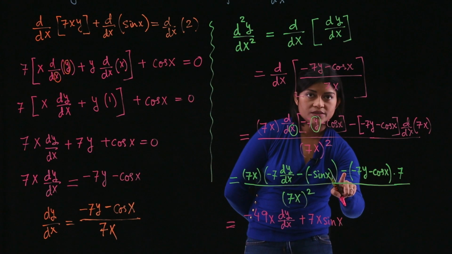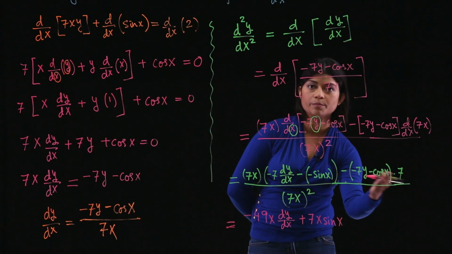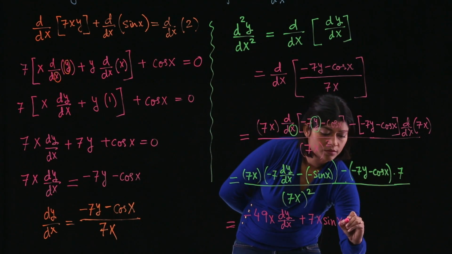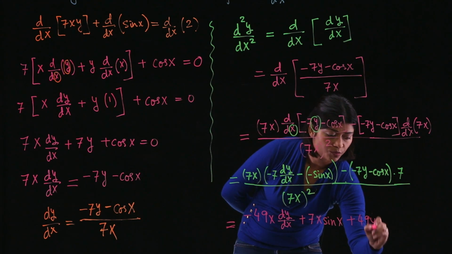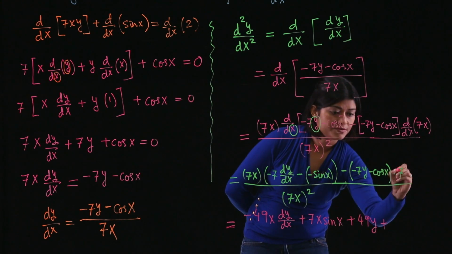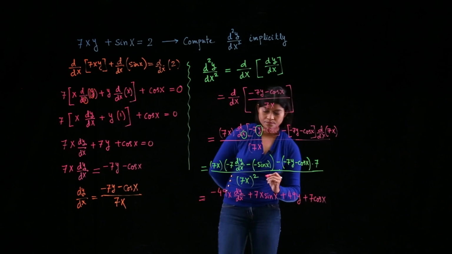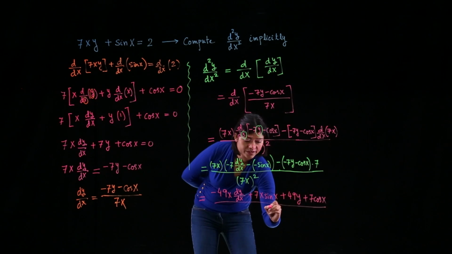Here, you can distribute this negative through, and since both terms are negative, they will all become positive, times 7. So you get positive 7 times 7y, that's 49y, then positive 7 cosine of x. And then the whole thing is divided by 7x squared.